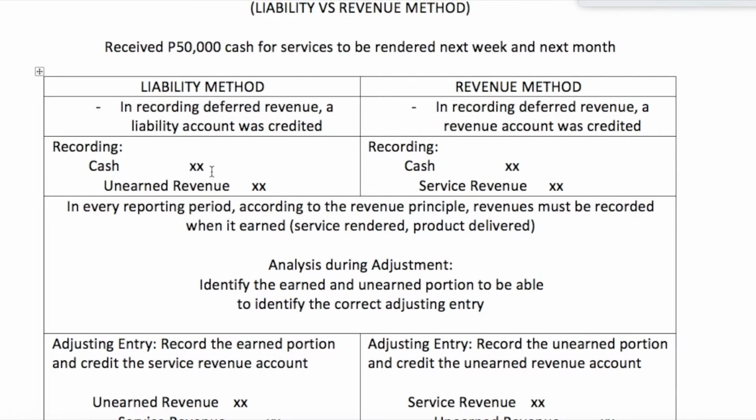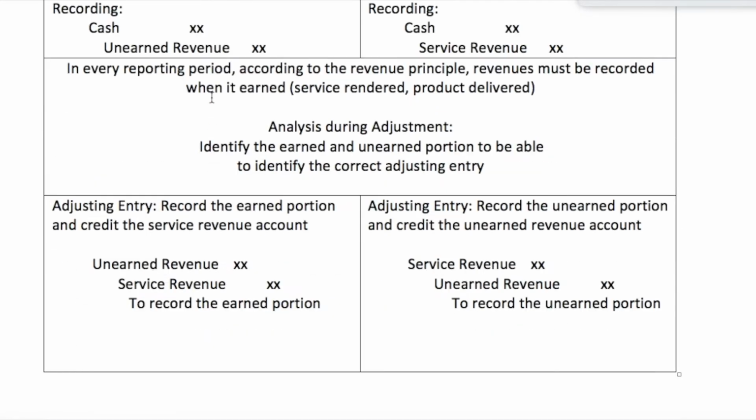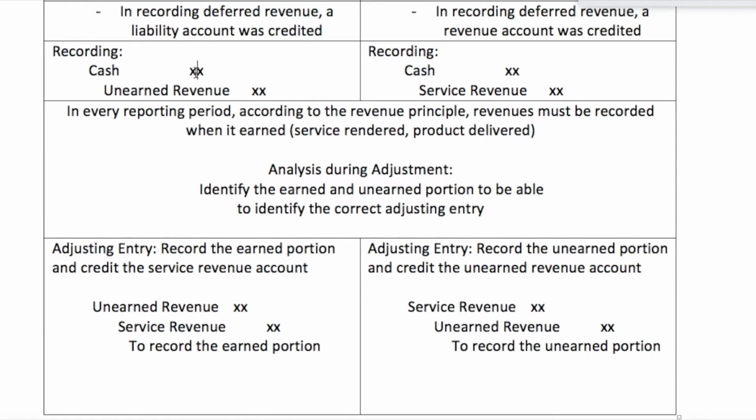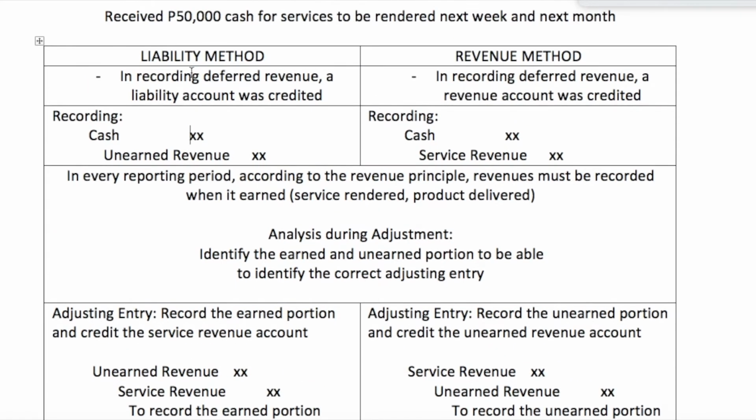So if we use the liability method here, we will be debiting cash. So we will debit cash 50,000, and then credit unearned revenue 50,000. This is what you were used to, right?